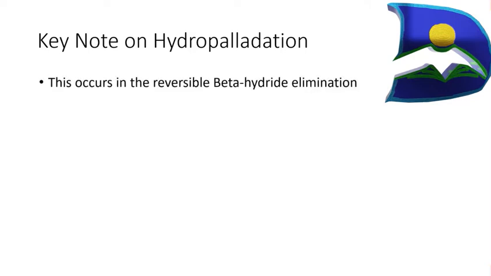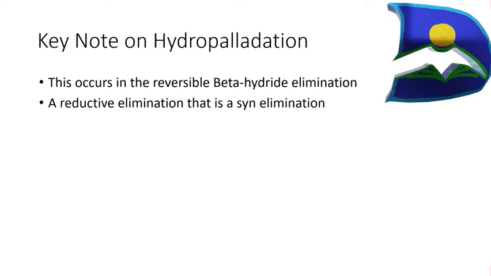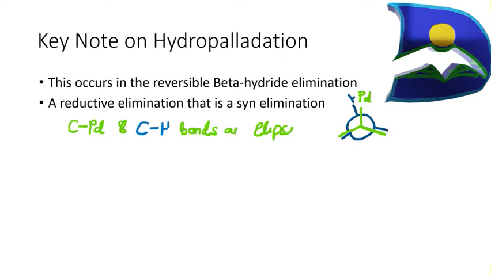So this occurs in a reversible beta hydride elimination, and this actually is a reductive elimination where there is a syn elimination involved between the carbon-palladium bond and a carbon-hydrogen bond, and these must be eclipsed with each other for this particular reaction to form a palladium-hydrogen bond.